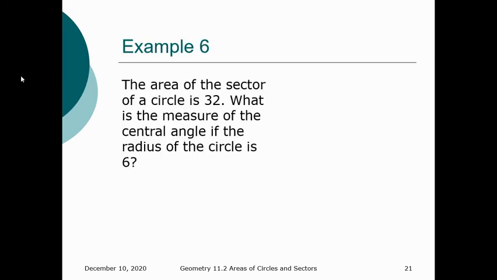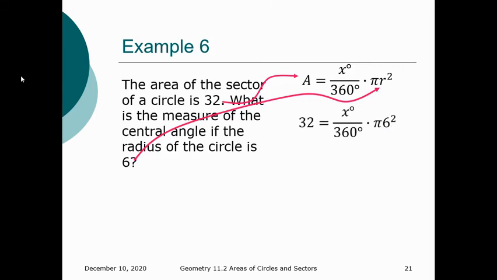The area of the sector of a circle is 32. What is the measure of the central angle if the radius of the circle is 6? So now we're going to set up our equation a little differently. Remember, 32 is going to go where the A is because that's the area. And we have the radius of 6, and that's going to go where the r is. So we get 32 is equal to x over 360 times pi 6 squared.